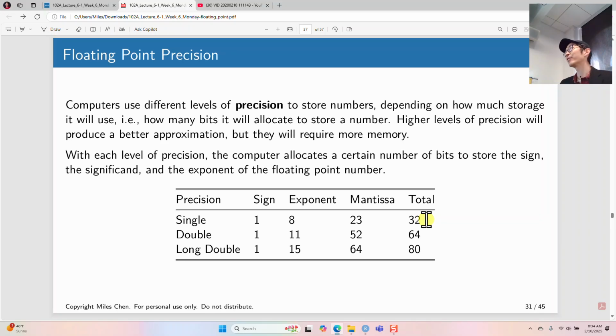So you'd use half of that, and you would get less precision in your number, but it'd be good enough for a lot of simple applications. In other cases you can have even more precision, long double, and so on.